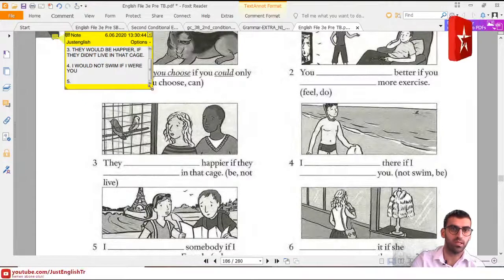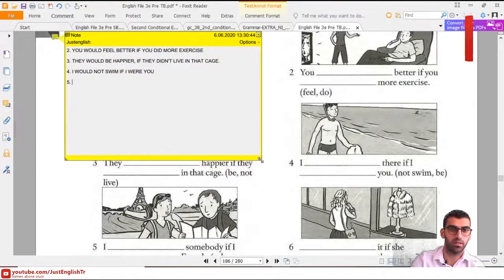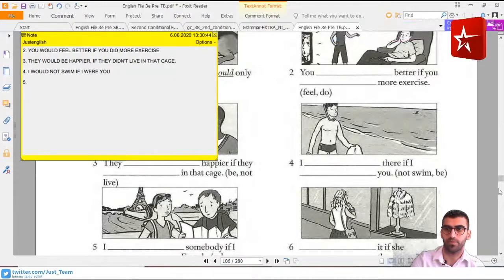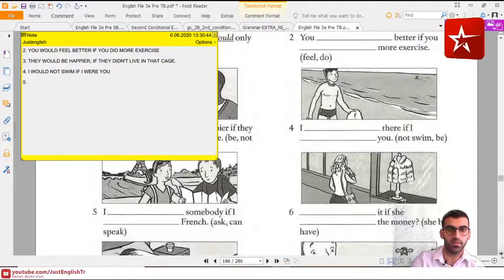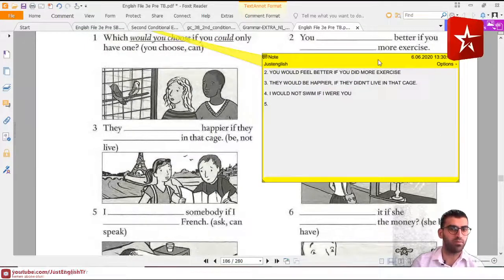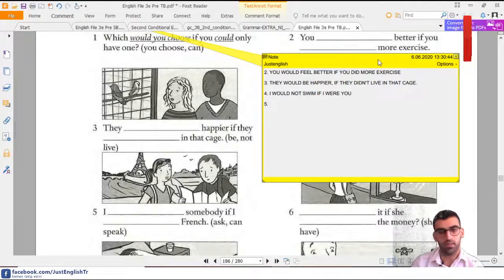And let me make it bigger for you to show you the correct answer. And let's continue with number 5. Number 5. I blah blah blah somebody if I French. Okay. So what should we write for number 5?